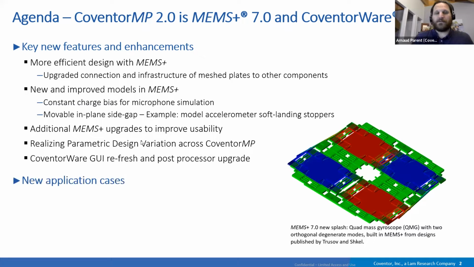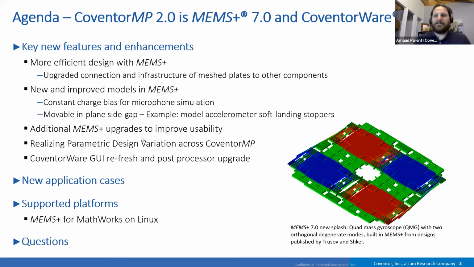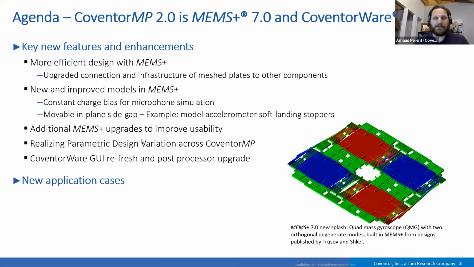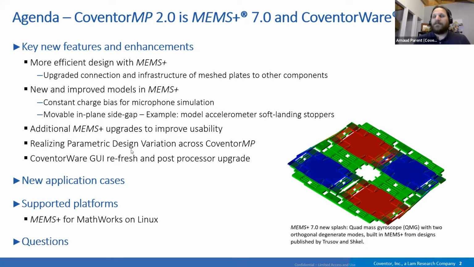There will be a section about new application cases. They are basically use cases, advanced ways of using the software that we, the application engineers at Coventor, worked on. And I will finish with the supported platforms. There is one big change, and the rest is the usual platforms we are supporting. At the end, there will be some room for more questions.